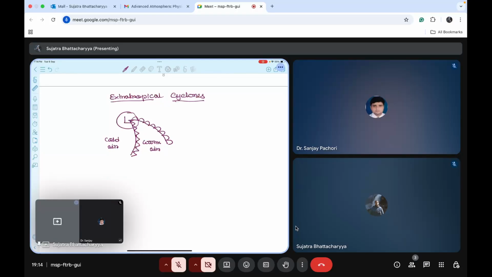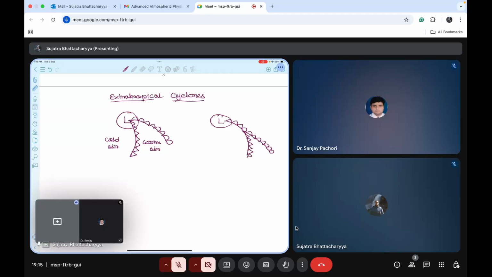What happens is that with time, this cold front tries to chase this warm front. So with time, this happens. Okay, let me draw it again. This is the low, and this is the warm front again, and this is the cold front.